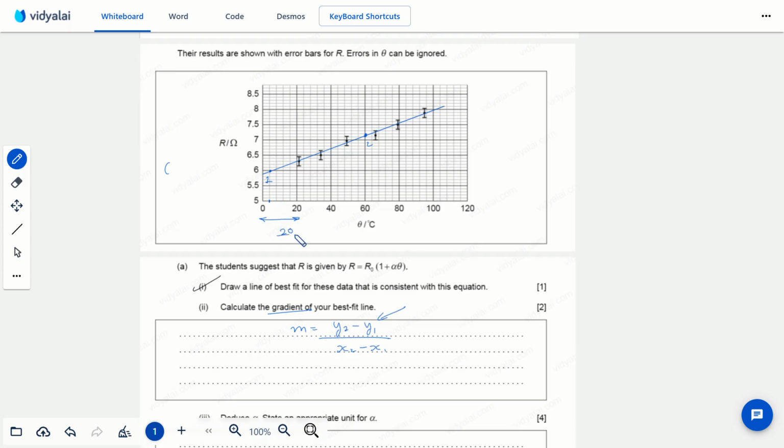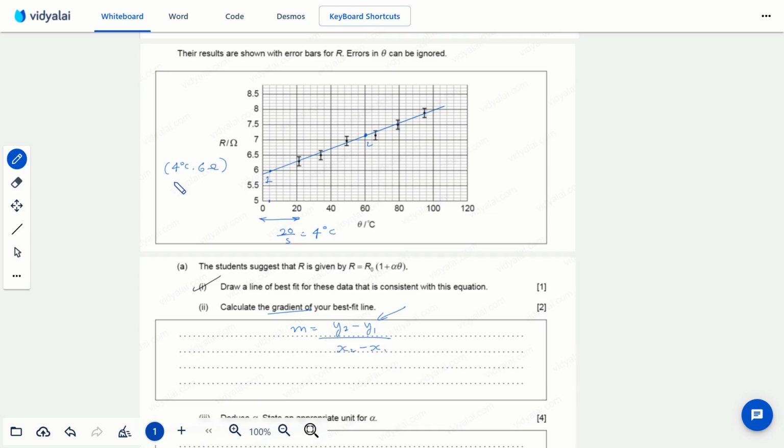So it's 20 divided by 5, which is 4 degrees Celsius for each minor segment. So 4 degrees Celsius, and at that temperature, the resistance is 6 ohms. So that will be the coordinates of the first point.